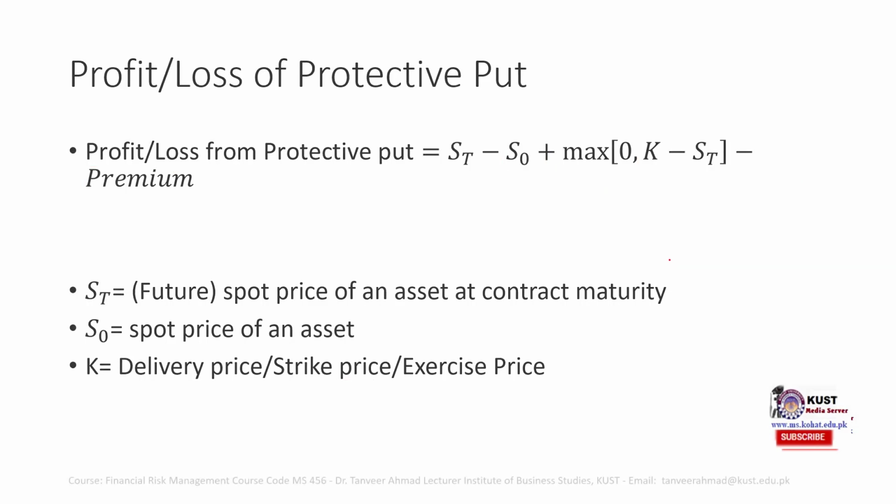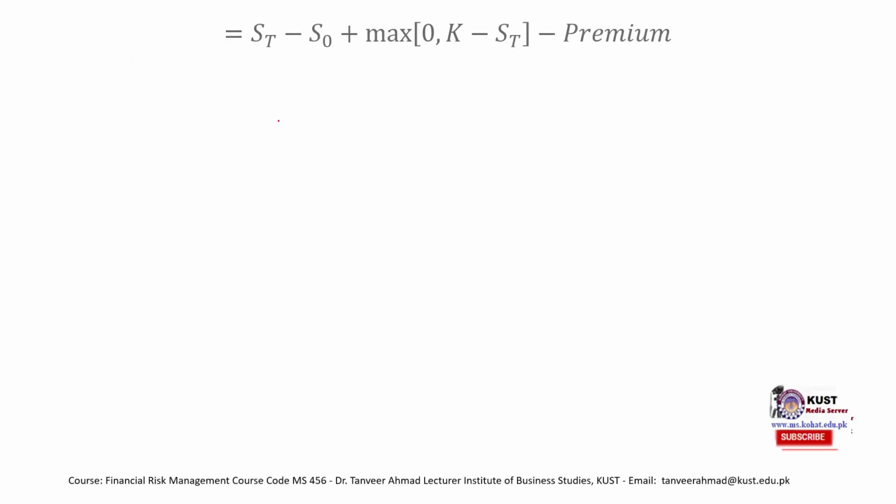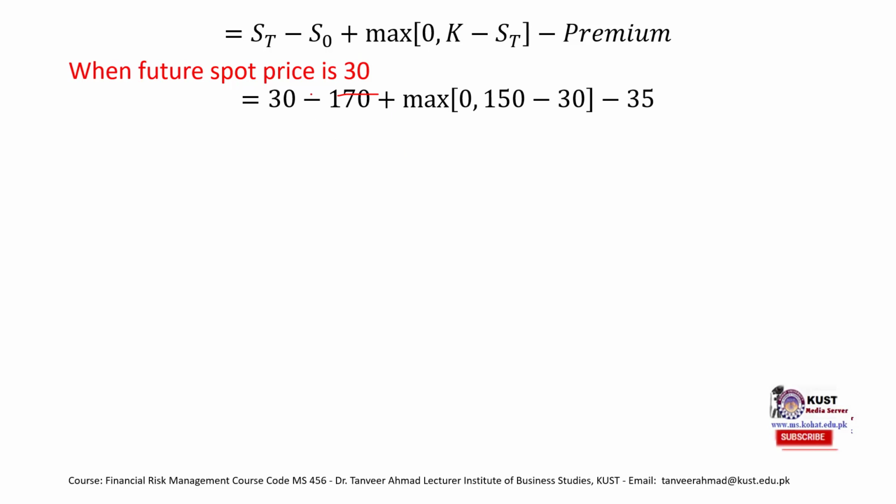So once we have developed our formula, let me see if our calculations were correct. When the spot price is 30, we plug the value into the formula. The future spot price is 30, the buying price was 170.